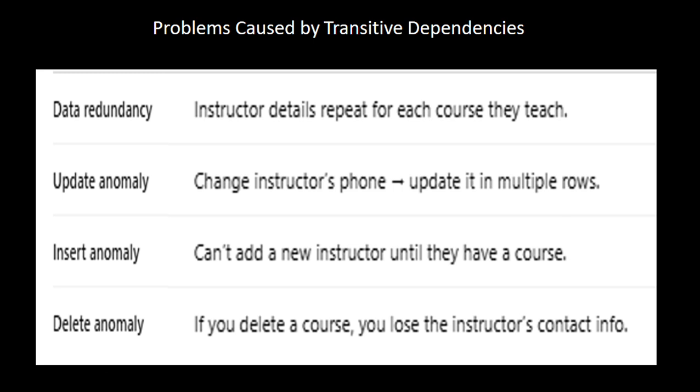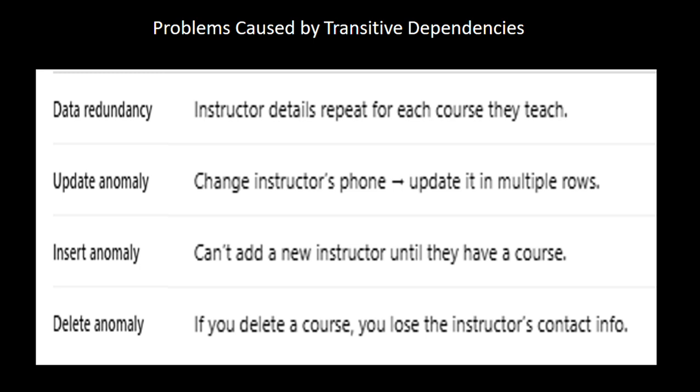Again, the problems caused by transitive dependency are that instructor details repeat on each course, and update anomaly. If we want to update instructor details, we have to update multiple rows. Again, if we want to add a new instructor, we have to make sure there is a course because it is dependent on that.